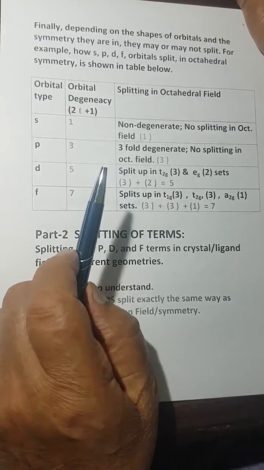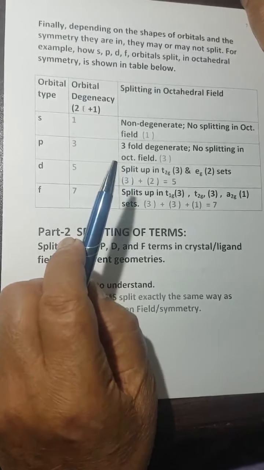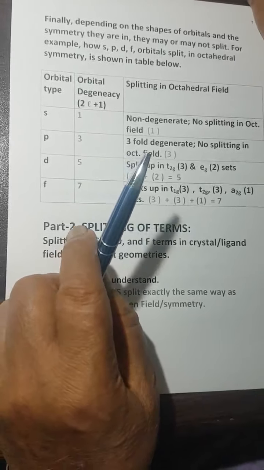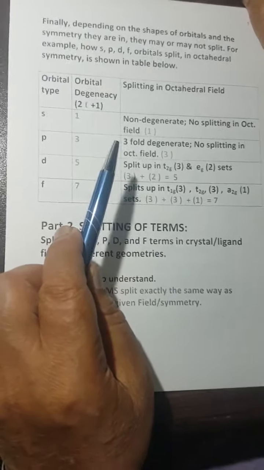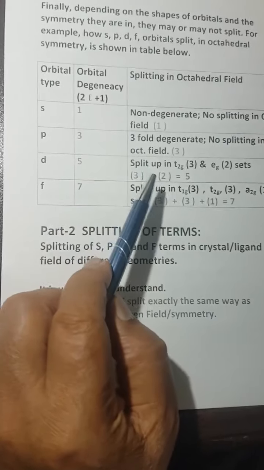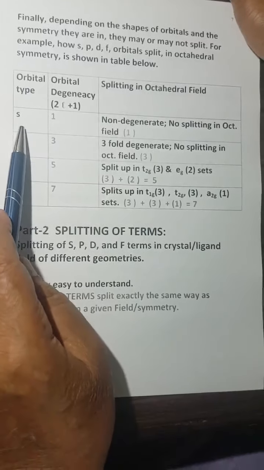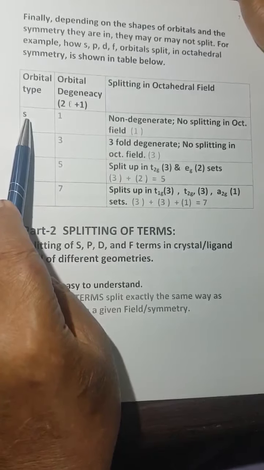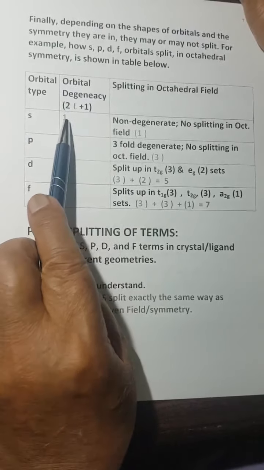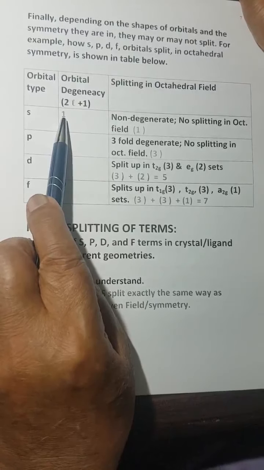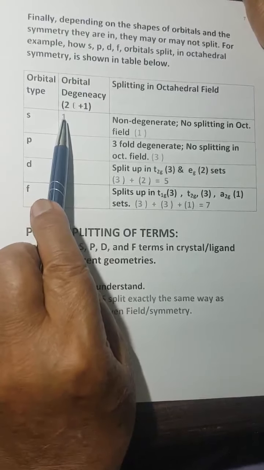Some examples of the S, P, D and F orbitals splitting in octahedral symmetry are shown here in the table. This is the S orbital. Orbital degeneracy is given by 2l plus 1, you know very well. For S, l is equal to 0, so it is 1.